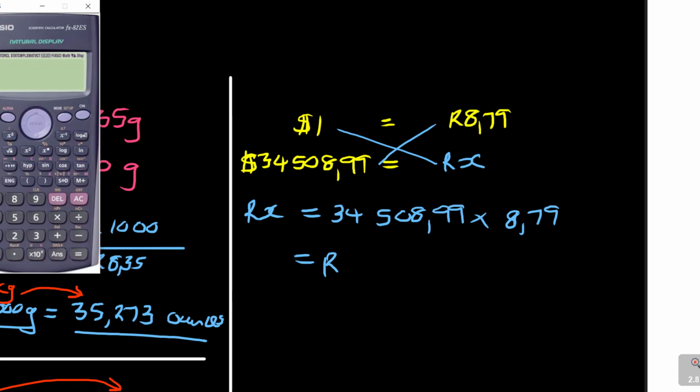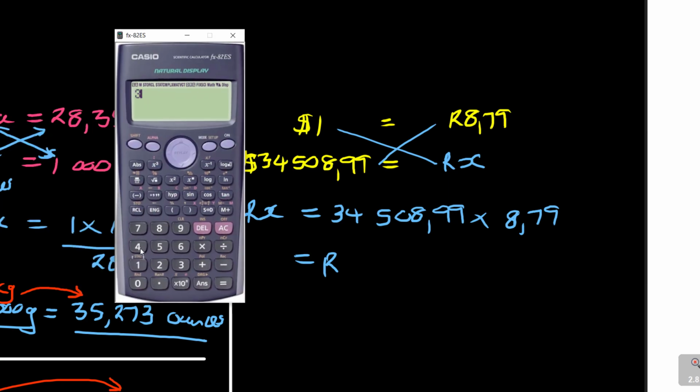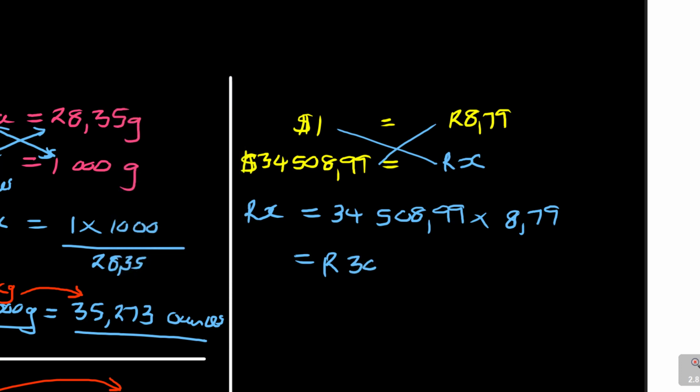How much is 34,508.99 US dollars? 34,508.99 times 8.79 equals 303,334 rand 2 cents. So 303,334.02. Can you believe it?